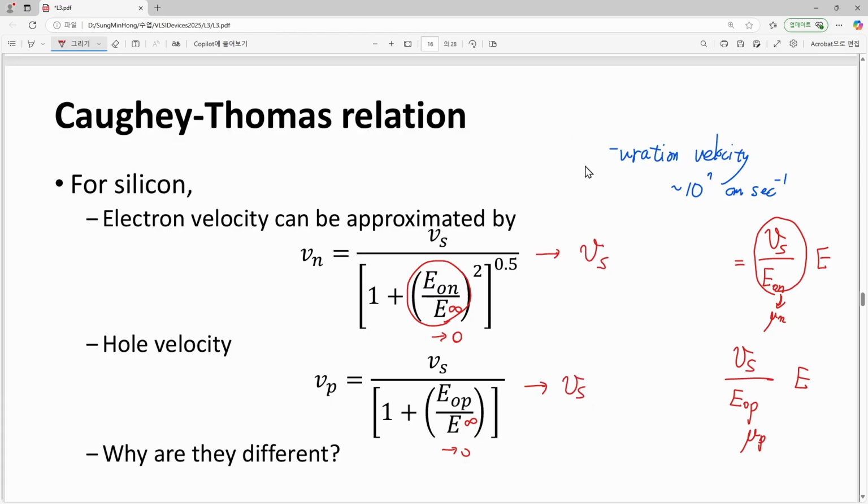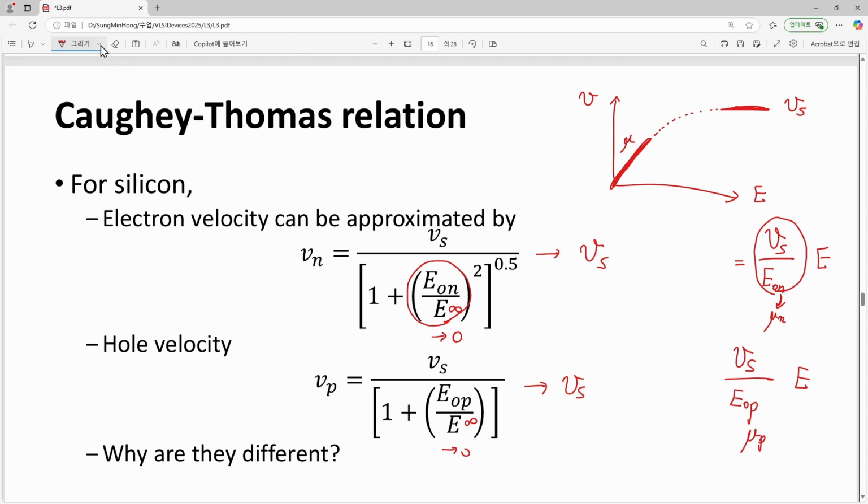So from this Caughey-Thomas relation, what we can say is the following: there is linearity between E and V, and this one is the saturation velocity, and this is the mobility, and both of them provide a smooth transition between these two extreme levels.